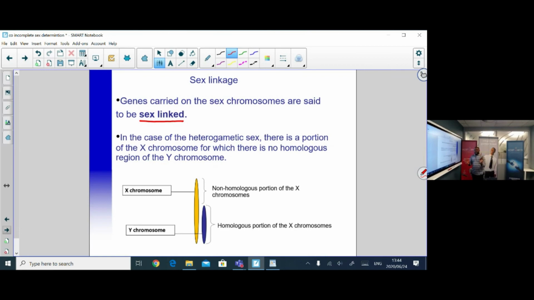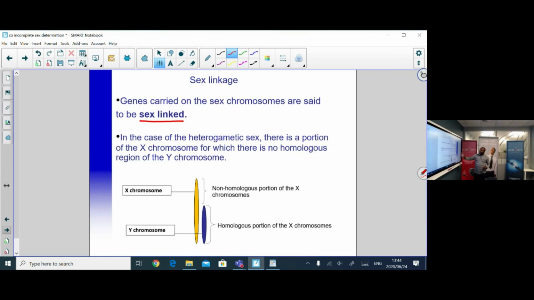Do not confuse some questions that show the normal Mendelian fashion from Mendel's experiments. We call it Mendelian random fertilization. And these ones, which are specifically sex linked, they don't follow the Mendel's system that he discovered.